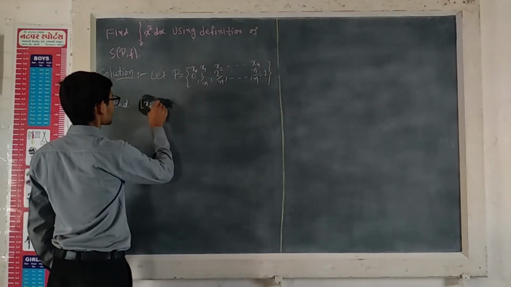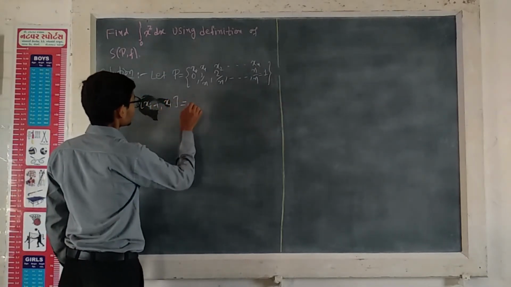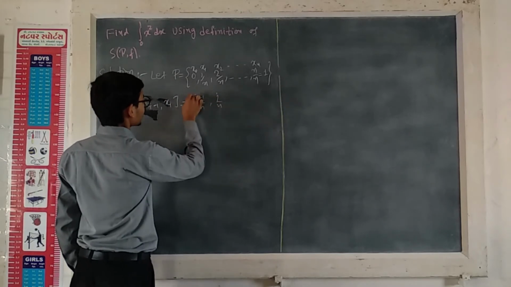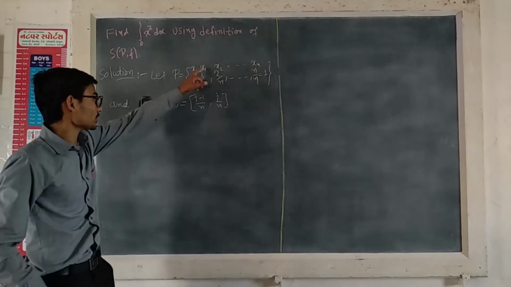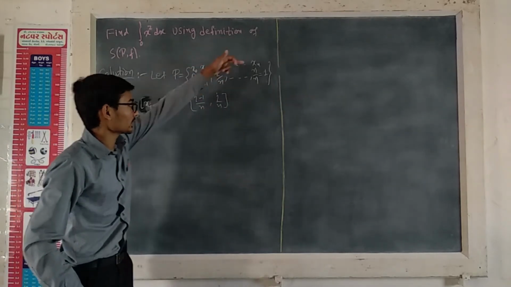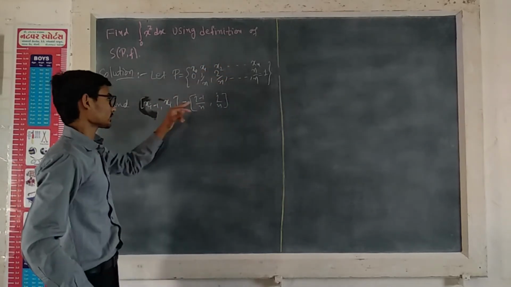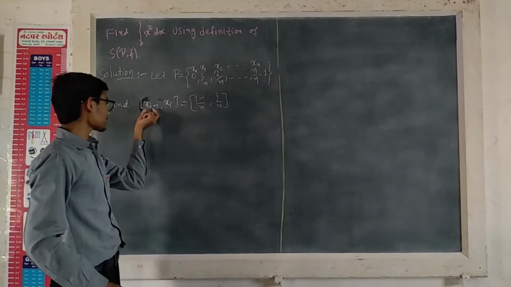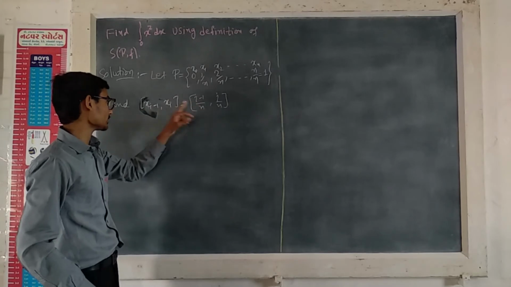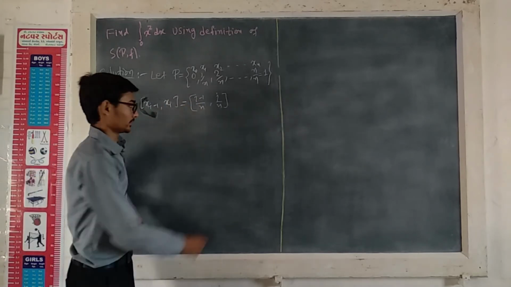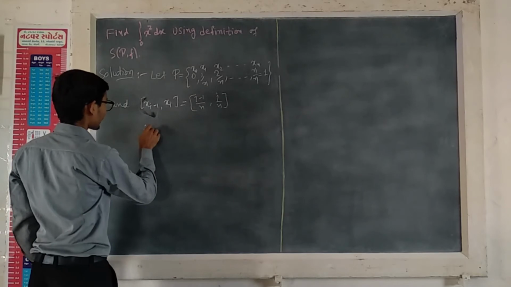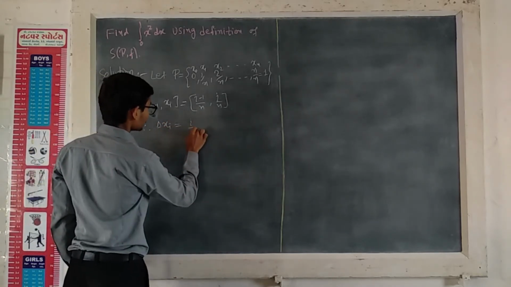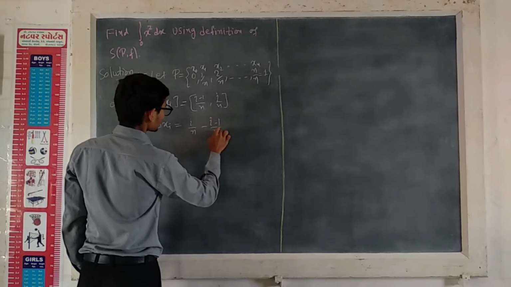Therefore [xi minus 1, xi] is [i minus 1 by n, i by n], because x1 is 1 by n, x2 is 2 by n, xn is n by n. Therefore delta xi is equal to i by n minus (i minus 1) by n.